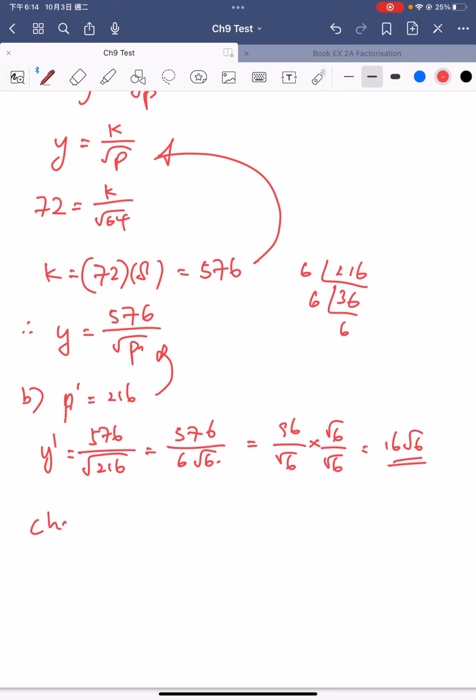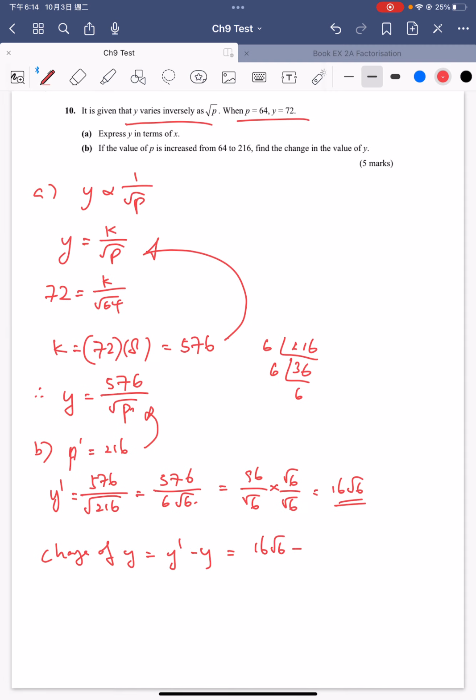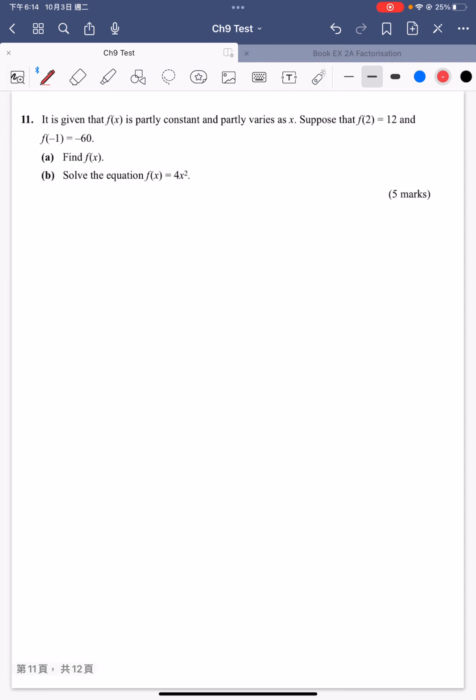So the change of y is equal to the new y minus the old y, which is 16 square root 6 minus our old y, which is 72. So we just minus this 72. Then this is the final answer. You can either give me the exact solution or the solution in 3 significant figures. So that's for question 10.